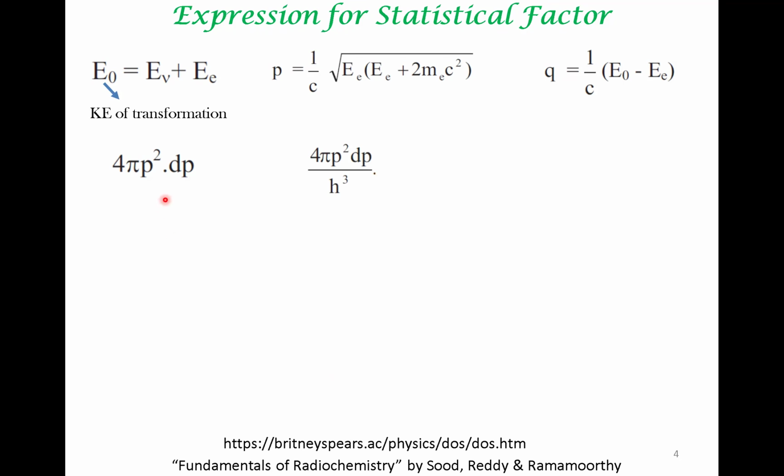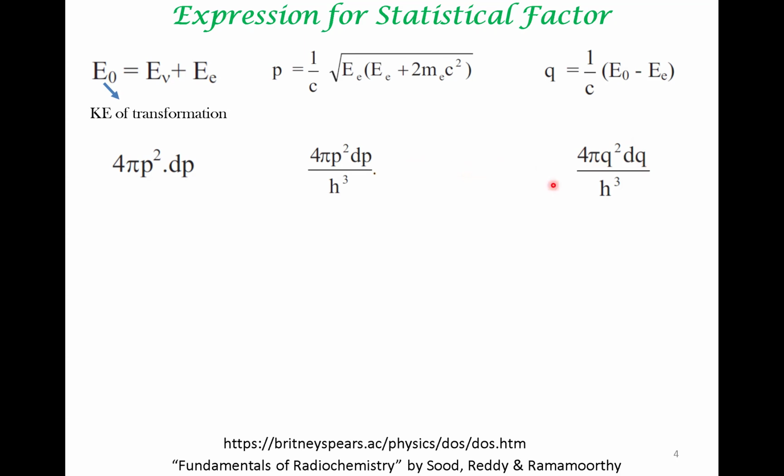So the number of particles in the shell is given by this quantity. This is the number of states of the beta particle within the shell. A similar computation can be made for the number of states for the neutrino particle, in which the momentum space is denoted by q.